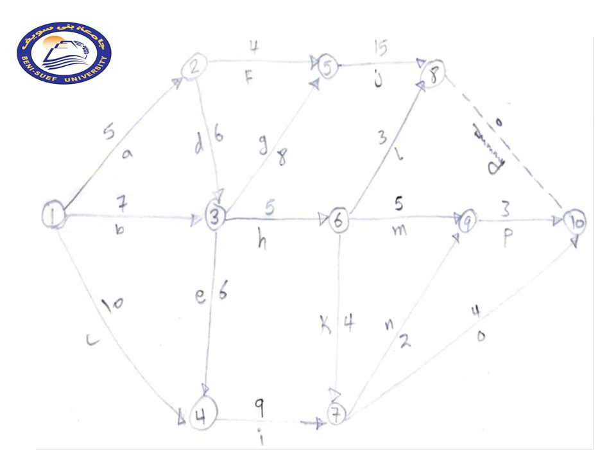I corrected the arrows, the dummy one and O and B, in order to come together in node number 10. This will give us our network, the final one, with all the activities drawn, with all the nodes presented correctly.